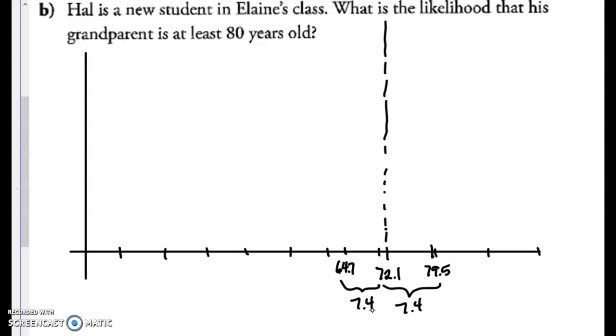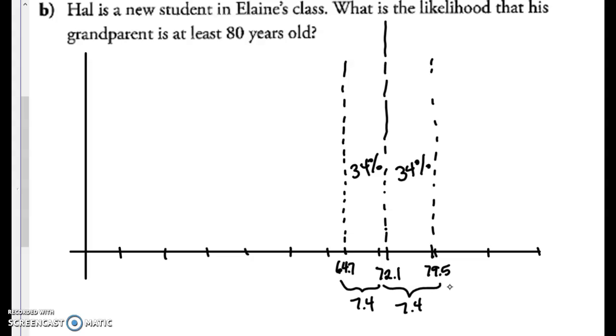That's 7.4 in that direction. So it's saying now that here is our next piece of data, and there's going to be exactly 34% of the people or of our data within that range.